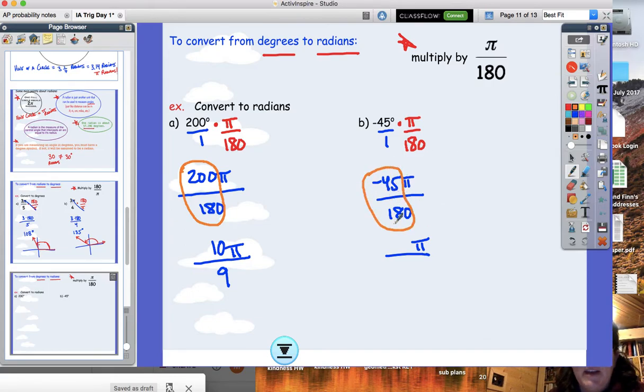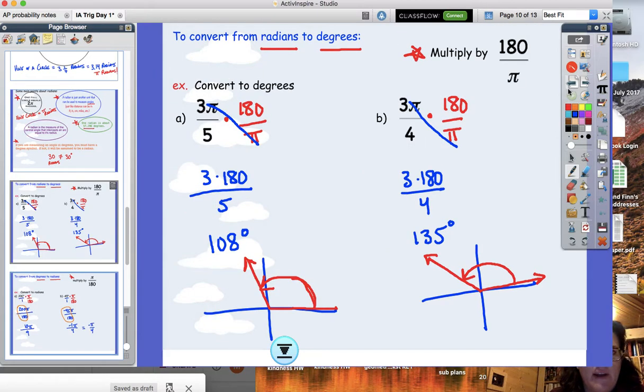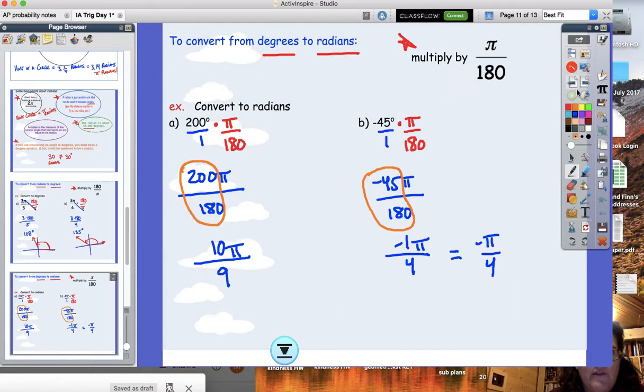So if I type in negative 45 over 180 in my calculator, I'm going to get negative 1/4. So this will be negative 1 pi over 4. And I could just say negative pi over 4 if I wanted to. Either one of those is totally fine. So on your homework, you're going to have to go back and forth like this, converting from radians to degrees, or from degrees to radians.